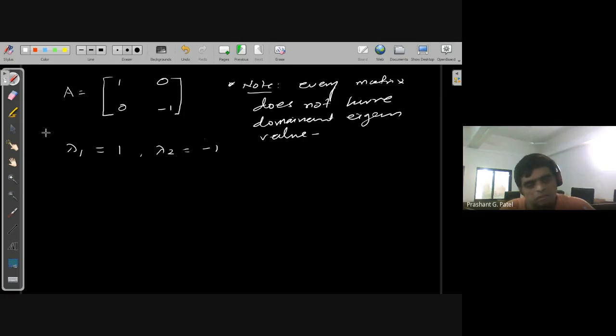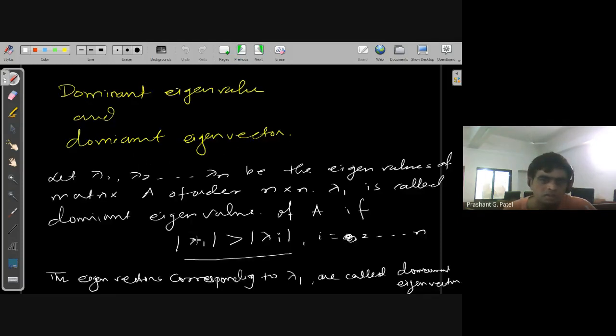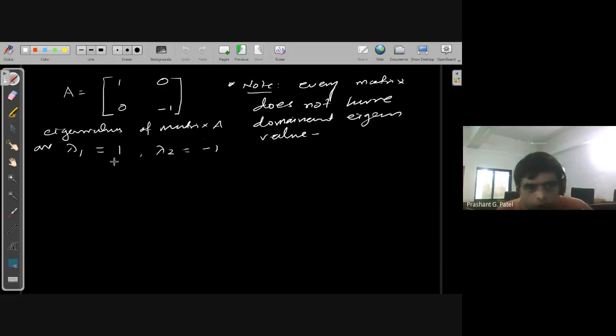These are the eigenvalues of matrix A. As per the definition, the modulus of lambda 1 should be strictly greater than the modulus of lambda 2. That is not possible here because the modulus gives the same value, 1 and 1.